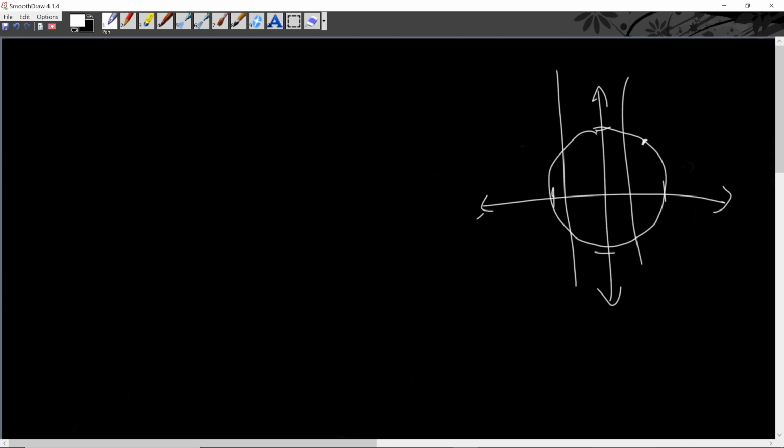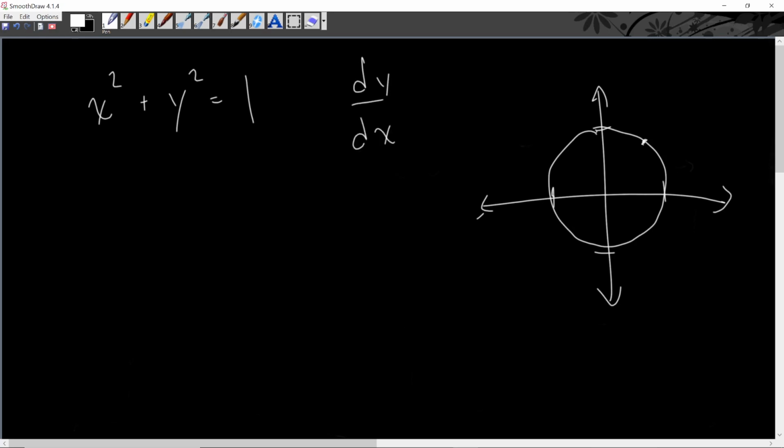If you were to draw a line, it can only intersect at one point for it to be a function. And that's one of the many different things that classify a function, but just in general, a circle cannot be a function. So for this, we can't define y as a function of x because x squared plus y squared equals 1 is not a function. We're going to have to find dy dx using implicit differentiation.